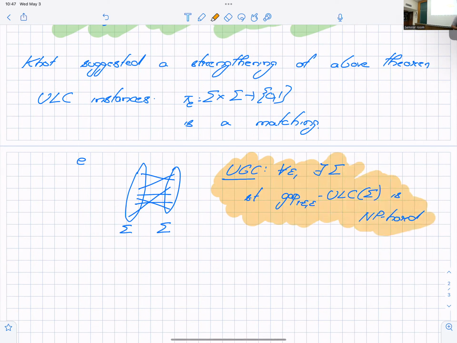Actually, UGC is not comparable to the previous one. You have 1 minus epsilon in UGC, so it's not a strengthening of the above statement, because of the 1 minus epsilon. So here, at this point, I'm only looking at constant epsilon and constant sigma.